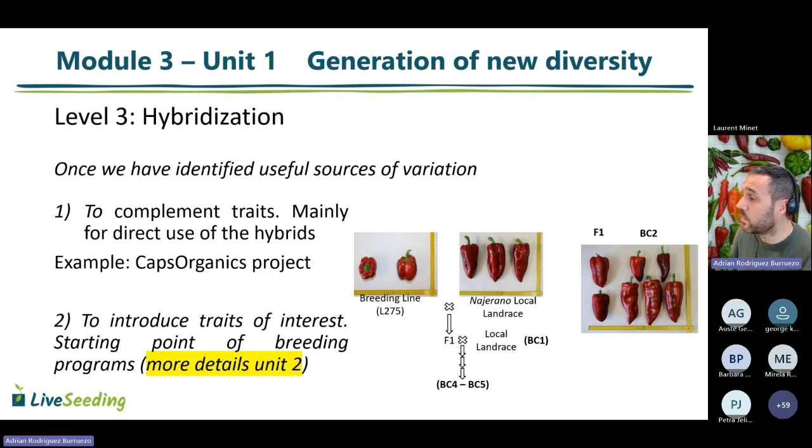In such a case, we crossed the Najerano local landrace with a breeding line which was selected for fleshy fruit, but particularly for its resistance genes to the two main viruses affecting pepper: tomato spotted wilt virus and pepper mild mottle virus.